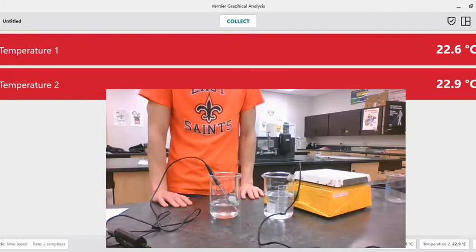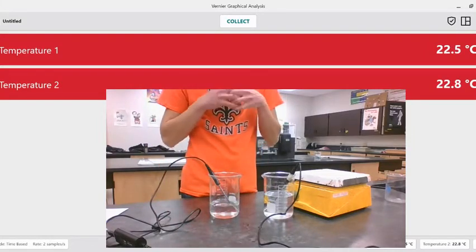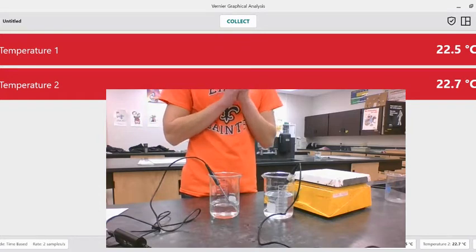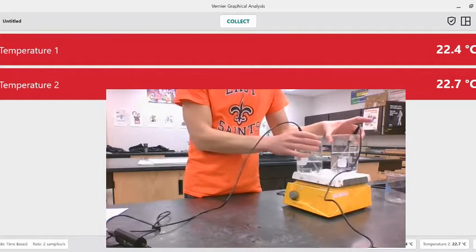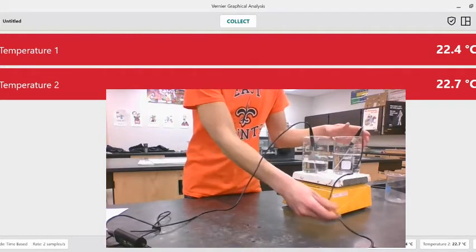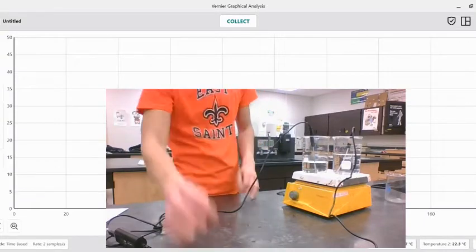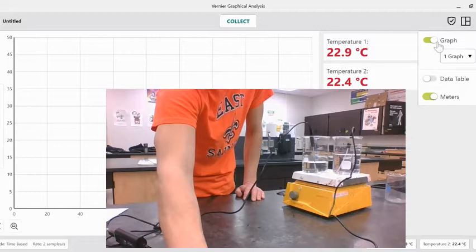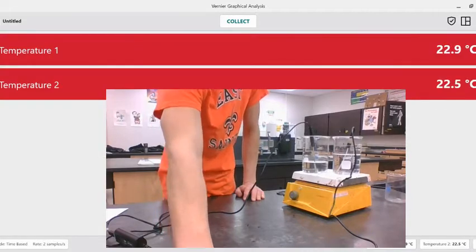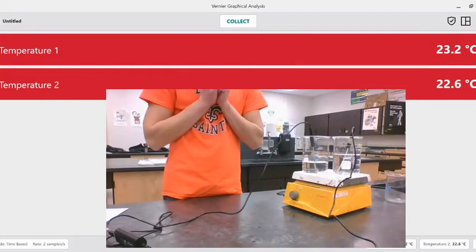Okay, and then we're going to get an initial temperature on those, and then we're going to heat these up to 40 degrees Celsius on this hot plate here, and see how that goes. So if we look at beaker A, it looks like we got an initial temperature of 22.3. Okay, so for number 1, it looks like we got 23.1.